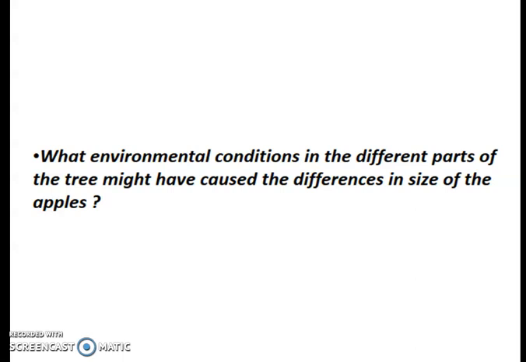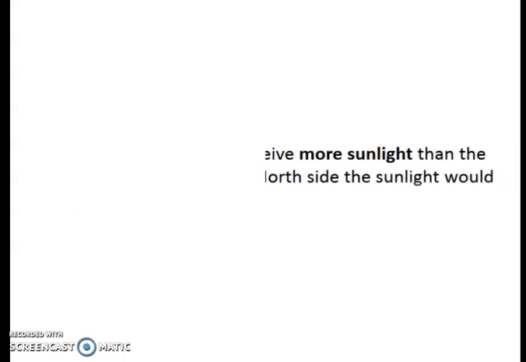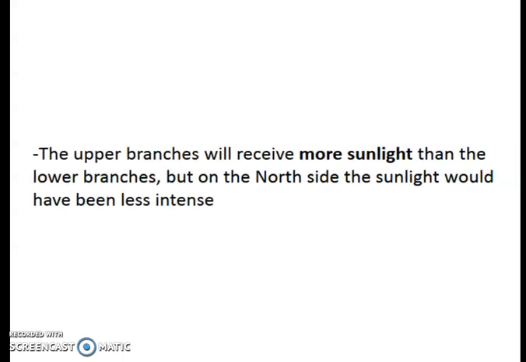So what are these environmental conditions which can result in that? Let's have a look. First of all, the upper branches will receive more sunlight. It's clear that for every tree the upper branches receive more sunlight than the lower branches. But on the north side, the sunlight would be less intense as compared to the south side.